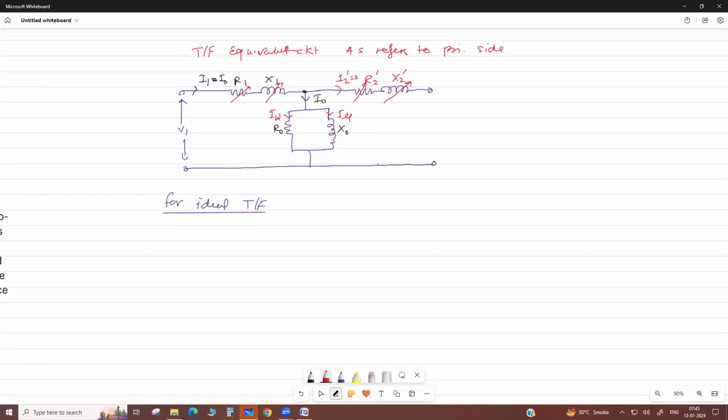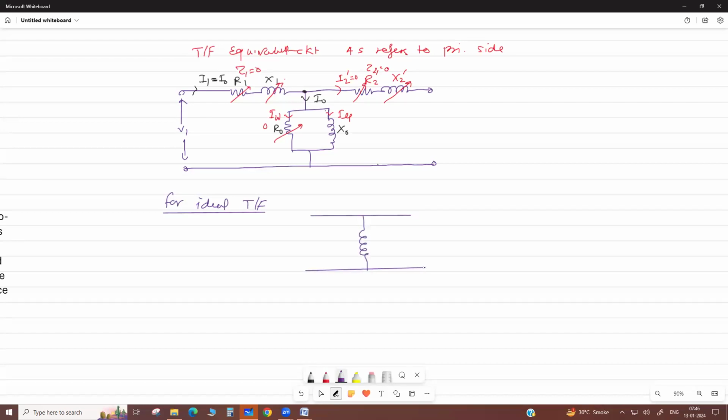Flux produced by primary links 100% with secondary. These are zero, means primary impedance and secondary impedance Z1, Z2 are zero. Then there is loss free, no iron, means infinite core. There are no core losses, so this part is also zero. Can you draw the ideal transformer equivalent circuit? Only this much.